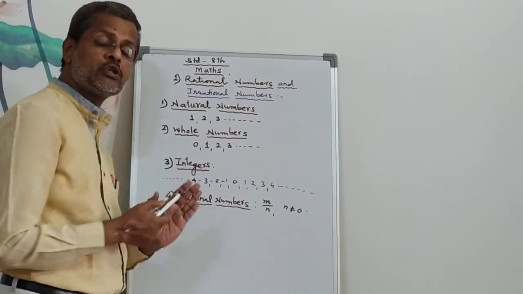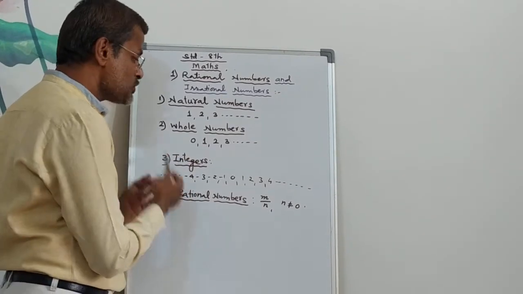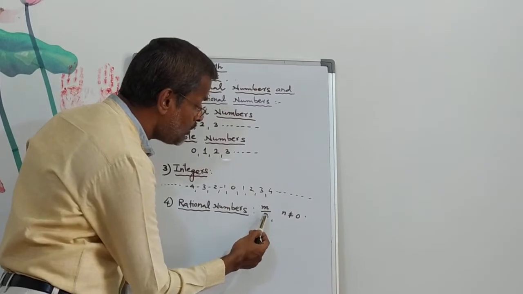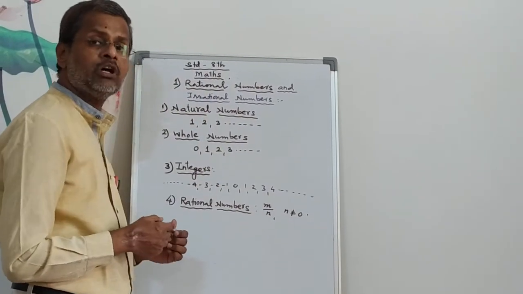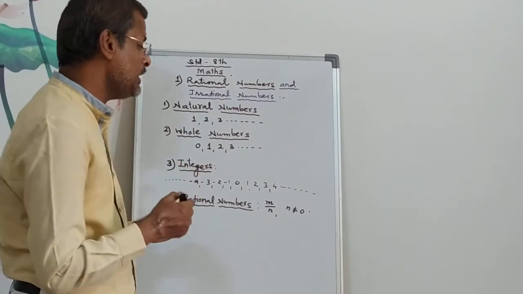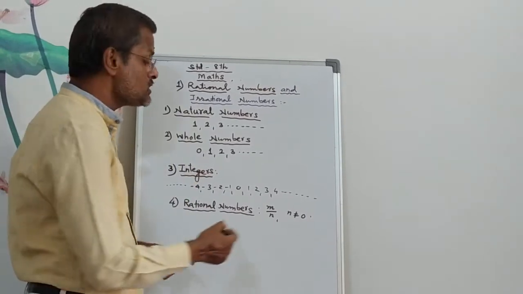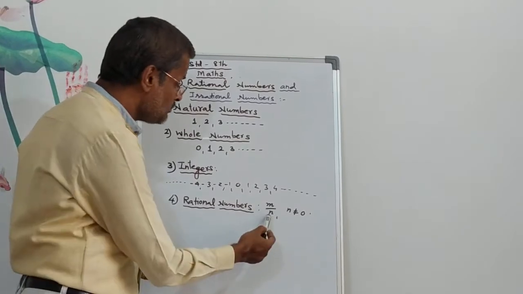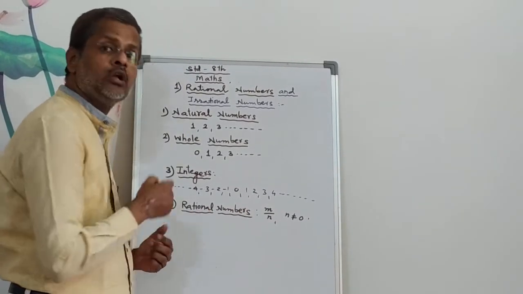Now the rational numbers. Rational numbers are numbers in the form of m upon n, but the condition is that n should not be equal to 0. Such numbers are called rational numbers.